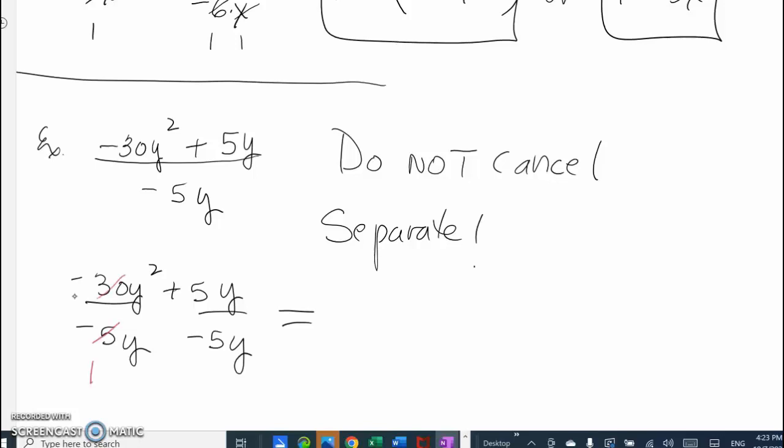Here we get a positive 6. And y goes into y squared y times. Here we get a 1. All right, this all cancels to negative 1. Remember, 5y over 5y is 1, and a positive divided by a negative is negative. Our final answer is 6y minus 1.